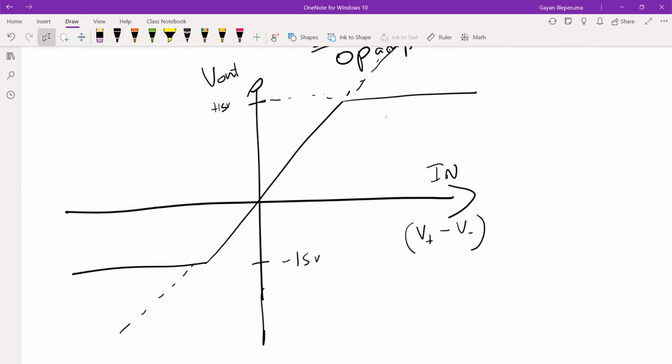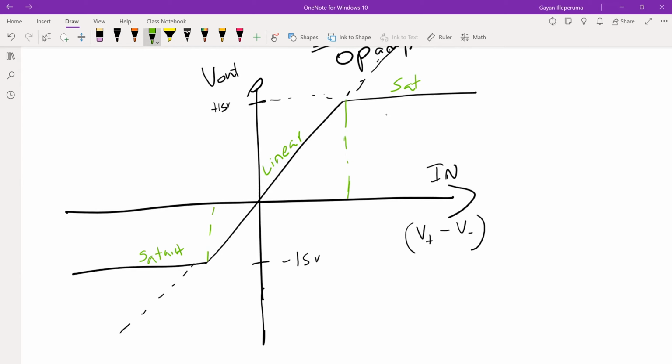So you can see at a certain point you have a very linear relationship between input and output. This is the linear region, and these are the saturated regions. If you go above the linear region, you will start saturating.